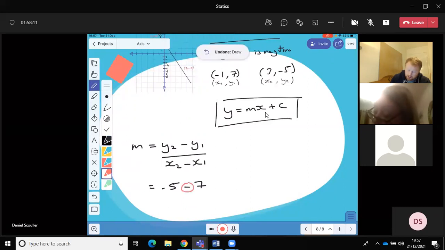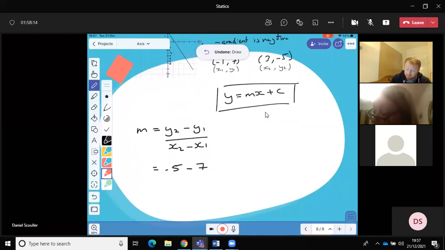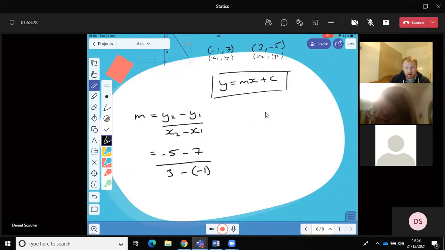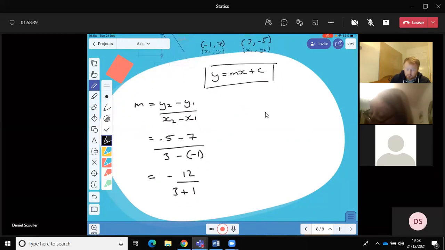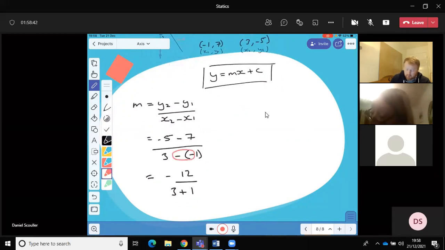Just be careful with this sign. x2 is 3 minus x1. First thing we want to do is just tidy up the double negatives, so just be very careful. So -5 minus 7 is -12. That'd be 3 plus 1. That negative a negative becomes a plus.